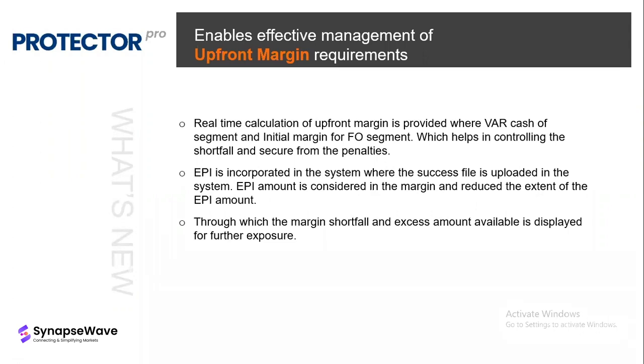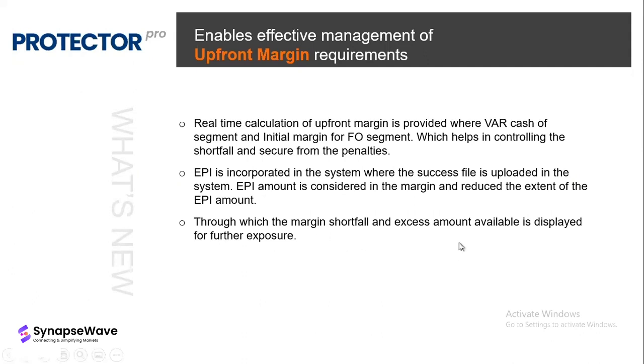The real-time calculation of upfront margin is provided on the basis of VAR for the cash segment, and initial margins for the FO segment. This is the normal thing upfront margin consists of, and we know it very well. But still, to make it clearly defined for all of you, it is considered on VAR for cash margin, and initial margin for the FO segment.